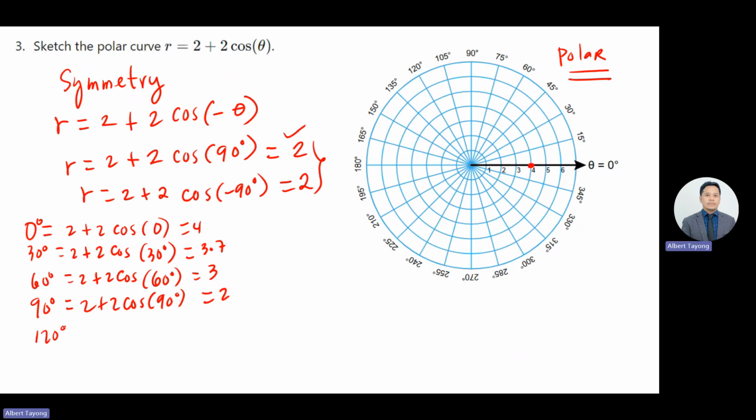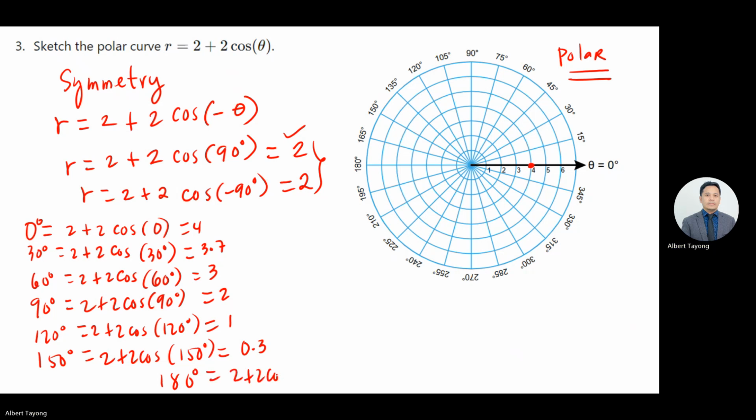And 120 degrees, answer is 1. 150 degrees, 0.3, and 180 degrees equals 0. Okay, so we usually stop until 180 degrees when we are graphing a polar curve such as this one.